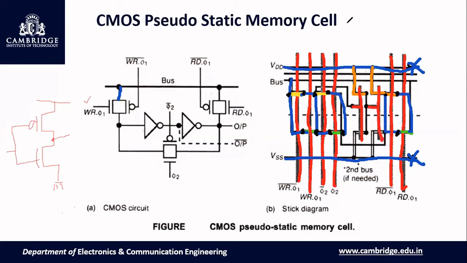You draw L for P plus diffusion, then inverted L for N plus diffusion. That's it. Okay, this is inverter. It's very easy to draw the inverter. Just one inverted L and one L here and a poly. That's it. Right?